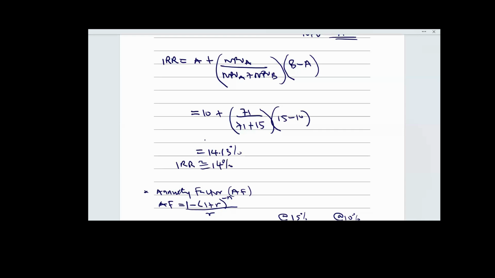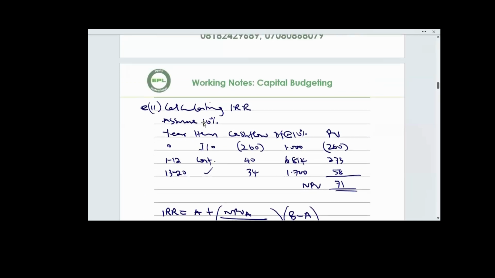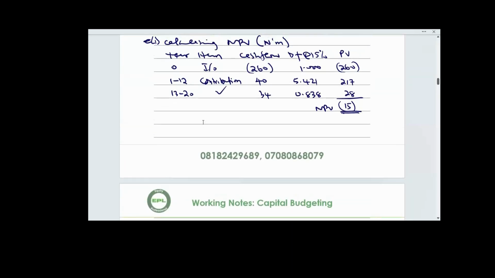IRR is approximately 14%. When I was explaining the concept, I mentioned that where you have independent projects, the decision of NPV will be the same as the decision of internal rate of return. If you advise on the basis of NPV, the NPV is negative, which means this project is not viable.